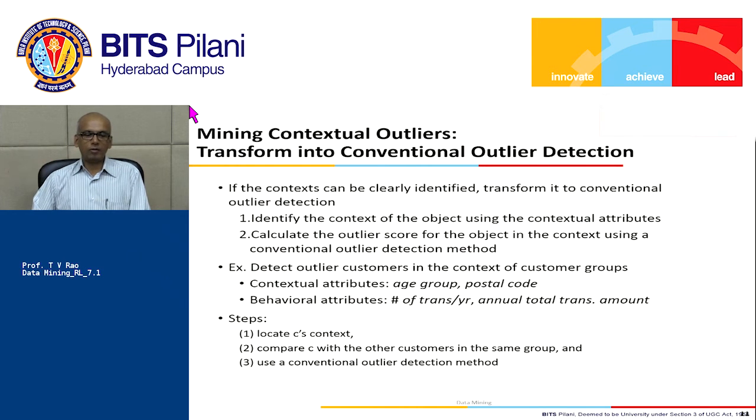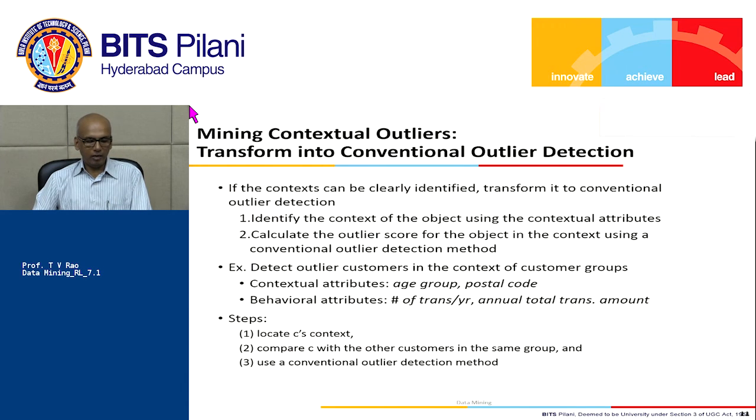To find contextual outliers, the first technique is that we transform the contextual outlier problem into the conventional outlier problem. First we identify the context using the contextual attributes, and then calculate the outlier score using the detection method.